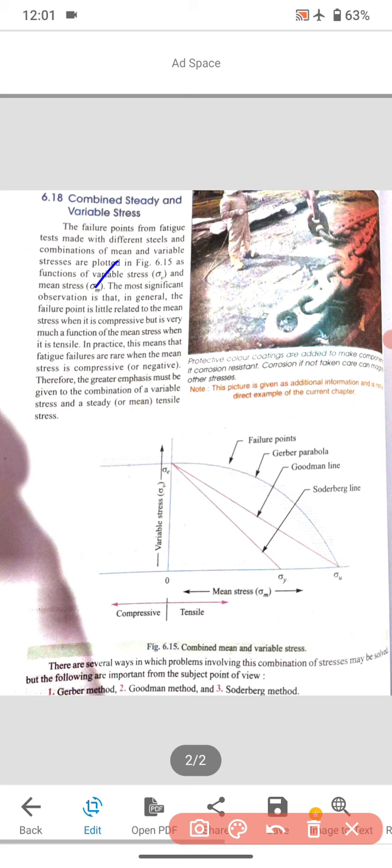Means, as we discussed, the concern about tensile values is more as compared to compressive. Tensile stress has more effect.